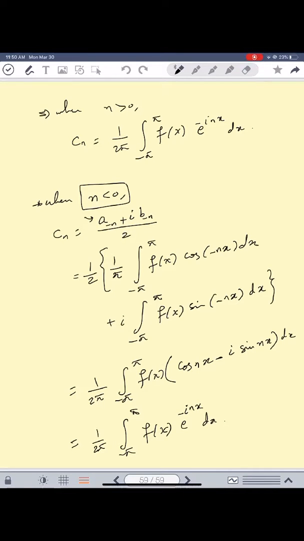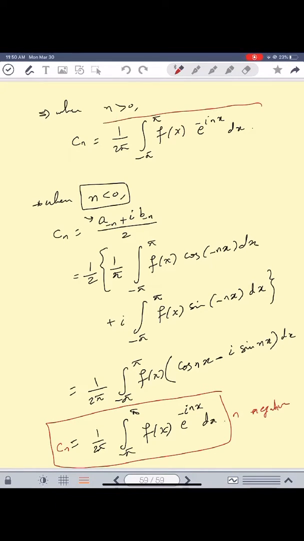Okay. Now please look at this. This is Cn when n is negative. This is Cn when n is positive. They have exactly the same form. This is very interesting. Cn has the same form, whether you're dealing with positive n or negative n. But please, we're not saying they are equal. They have the same form.